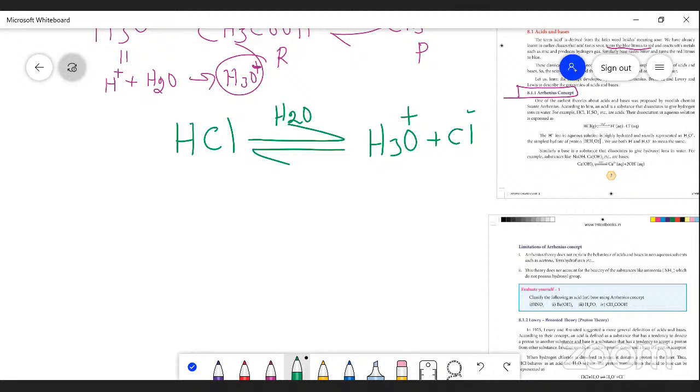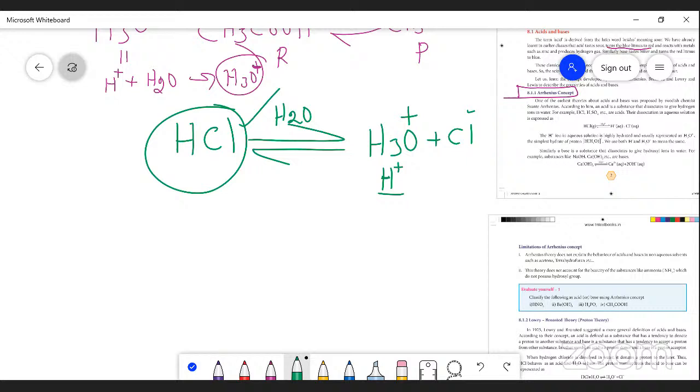What is the statement according to Arrhenius? Any substance that furnishes H plus ion. In the book it is given as H plus; as I said earlier, H plus or H3O plus are both the same. Now HCl is generating H plus ion, so it is an acid according to Arrhenius.